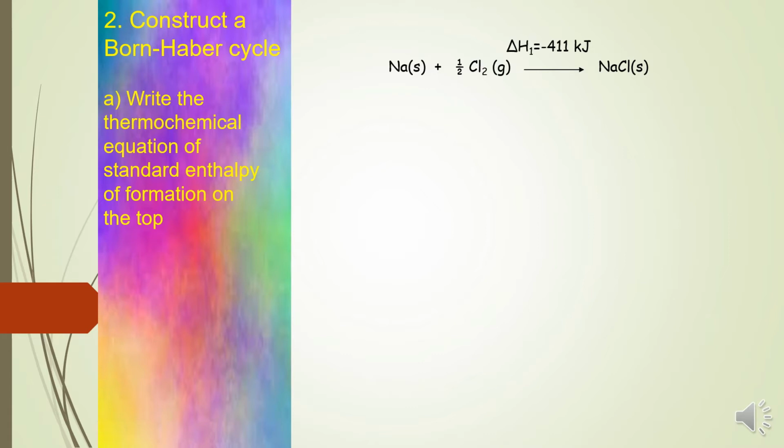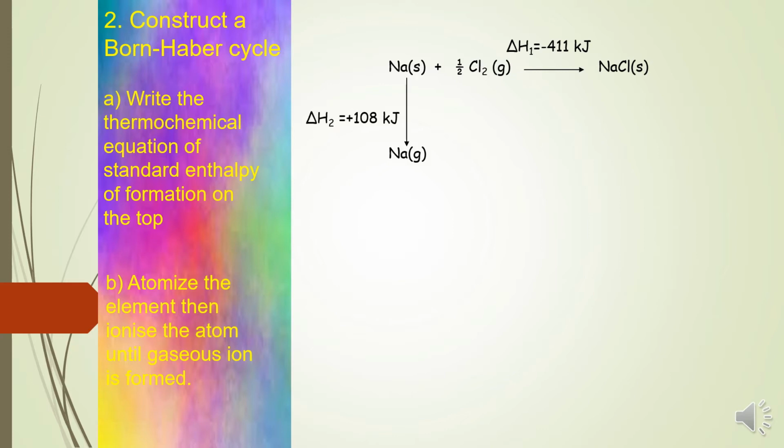It's better to write it on the top of the cycle, but it is not compulsory to put it on the top. Atomize the element, then ionize the atom until it forms a gaseous ion. For example, atomize sodium solid to form sodium gas, then ionize sodium gas to form sodium ion, then sodium is done.